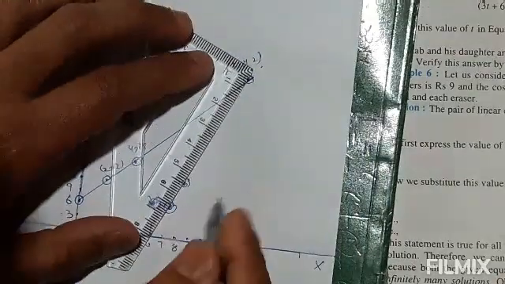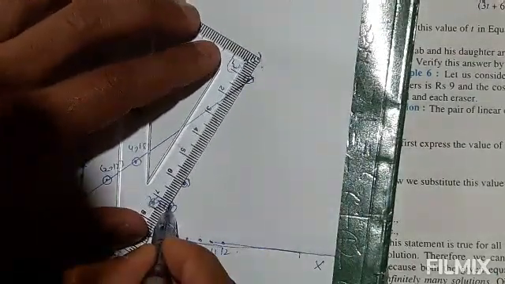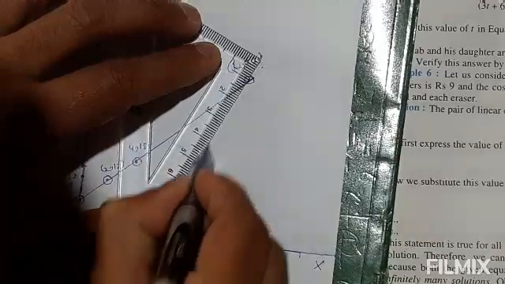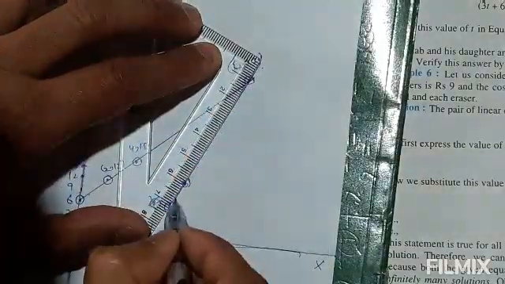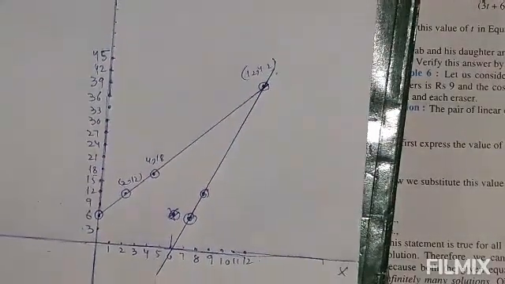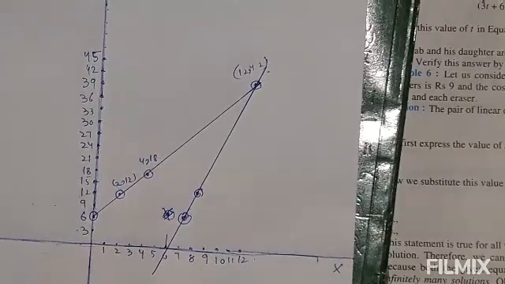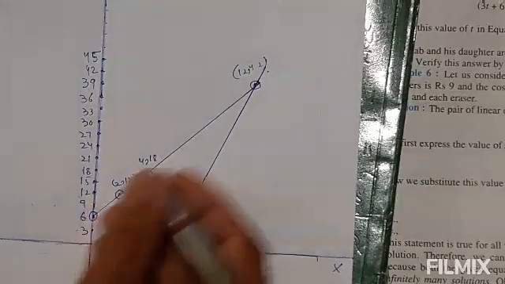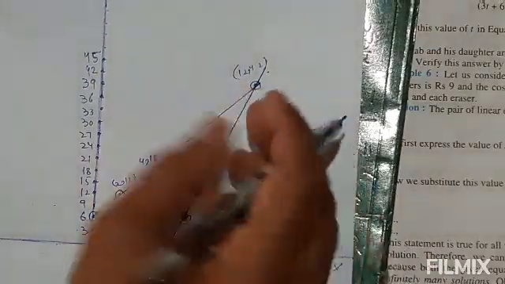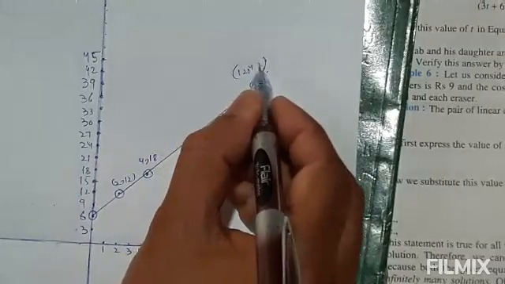So if we join this line, it will intersect the first line here. Okay, so this is the required graphical representation of the given situation. That means these two lines met at the point 12 and 42.